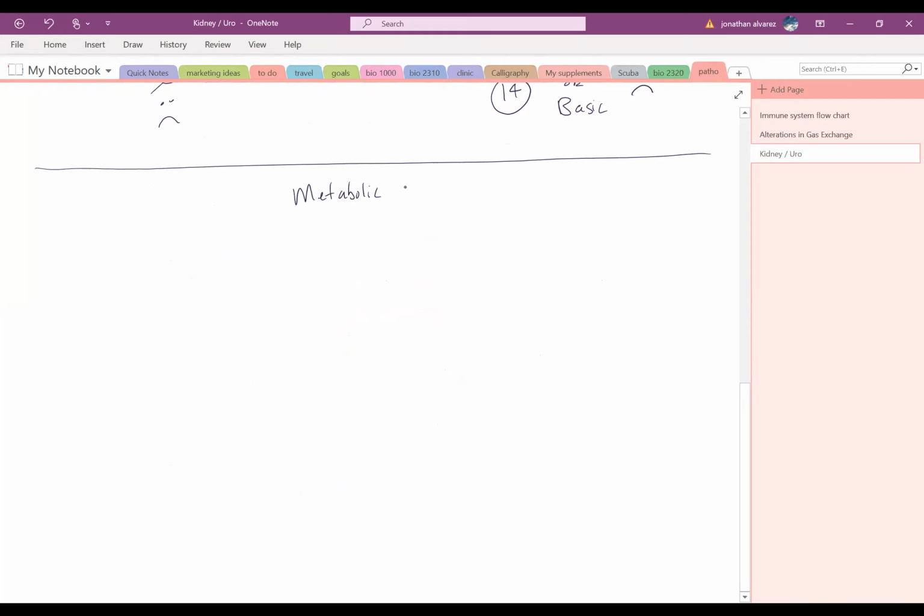So metabolic acidosis, okay, is too much acid, okay, or increased acidity in the body.